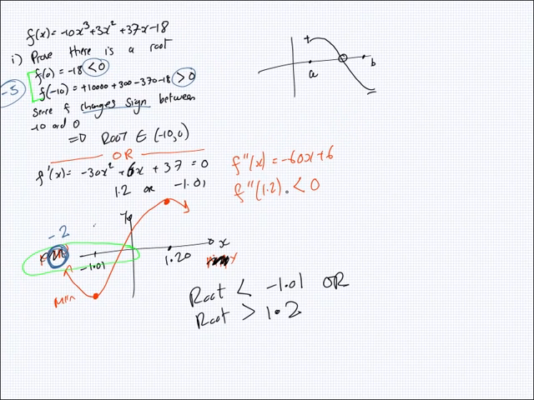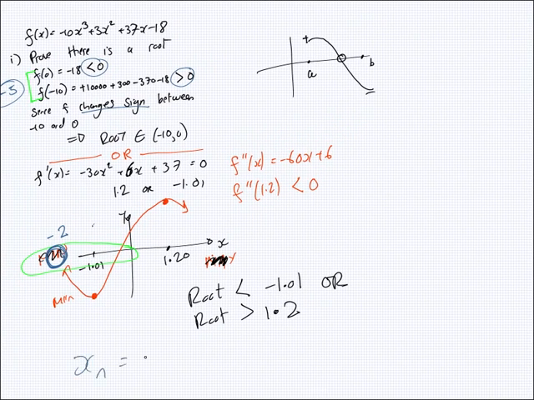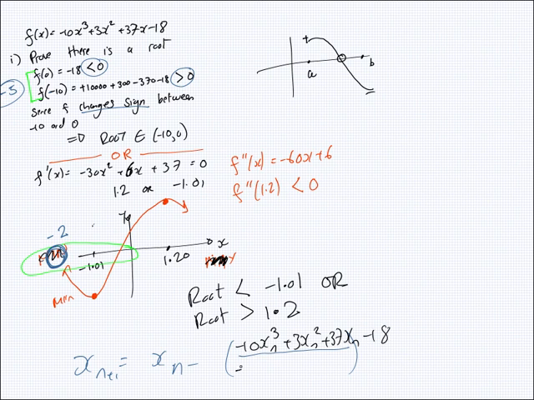Okay, so let's use our formula: x(n+1) equals xn minus... and then the derivative, minus 30 xn squared plus 6xn plus 37. It's like a loop.